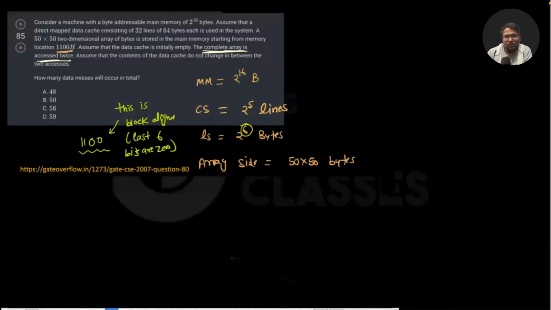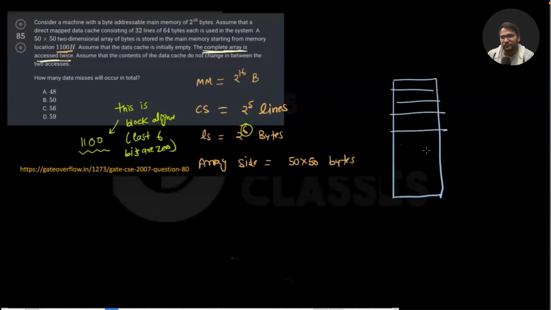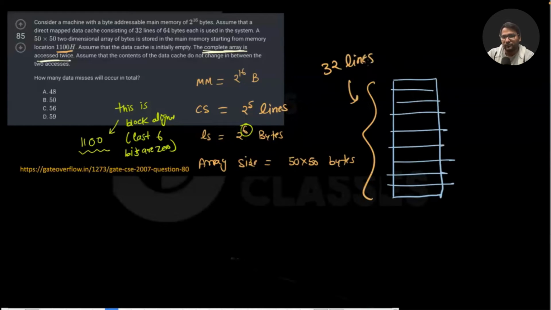Now let's draw the cache. What is the cache? The cache is having 2 power 5 lines. So there are 32 lines, 0 to 31, total 32 lines basically. Now they're saying that there are 2500 bytes.